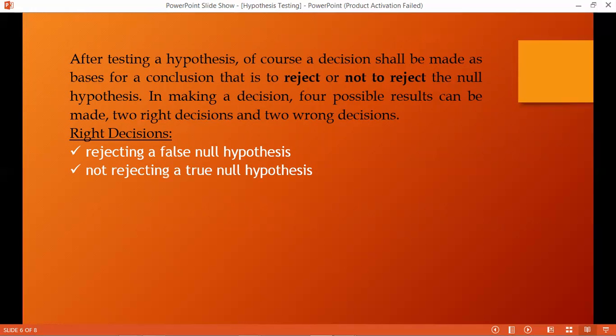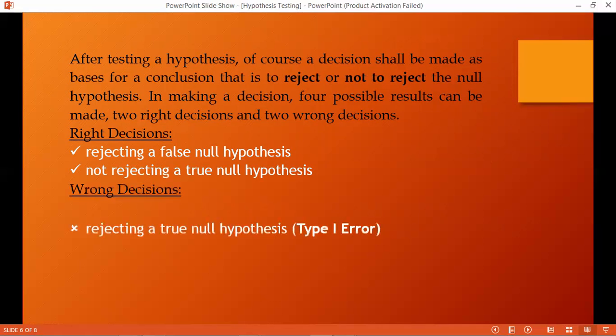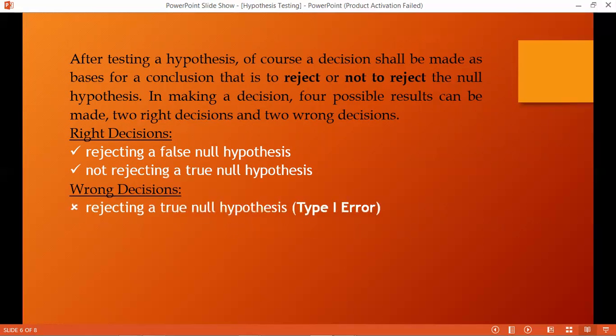Those are the right decisions. The wrong decisions: we have rejecting a true null hypothesis, which dapat dili mo siya i-reject, and not rejecting a false null hypothesis, and that is really wrong. Now, the first one, rejecting a true null hypothesis, is a type 1 error, and the second one is the type 2 error.